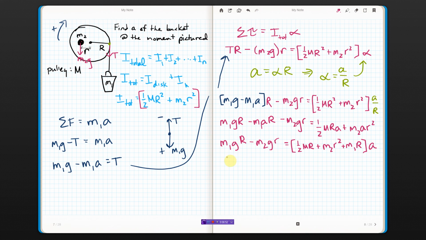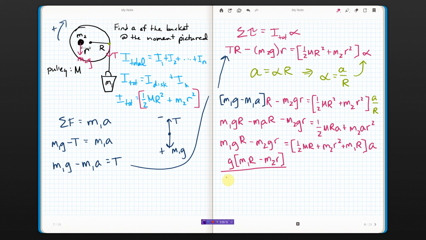So it looks really and truly terrible, but it's not that bad. Let's see, let's pull a G out of the numerator. So G times M1R minus M2 little r. And then all of this is the denominator. Can I do anything to it? Nope, I can't.